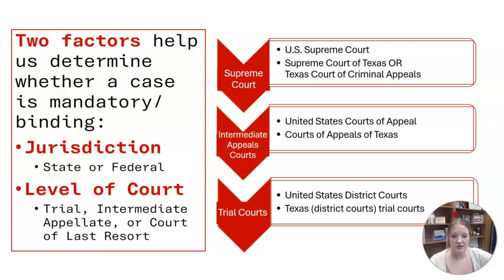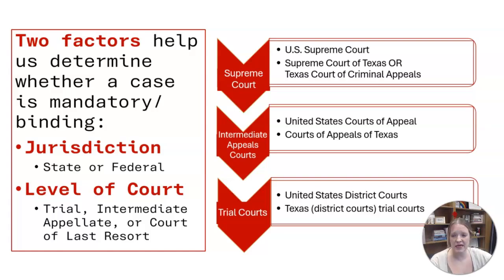Okay? So in terms of the structure at the federal and state level, our court of last resort at the federal level is the U.S. Supreme Court, right? Texas is different in that we have 2 courts of last resort. One is the Supreme Court of Texas, and the other is the Texas Court of Criminal Appeals, dealing with criminal issues.